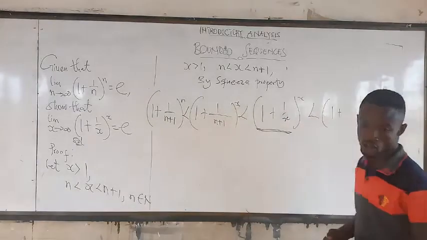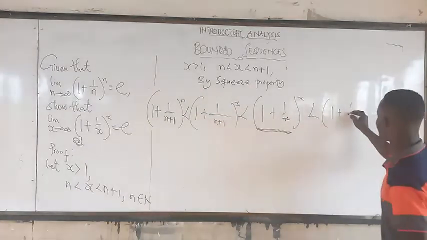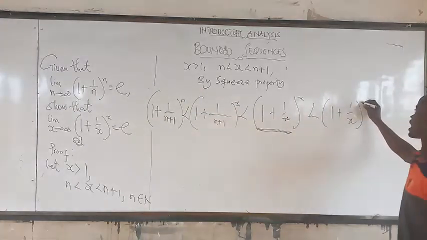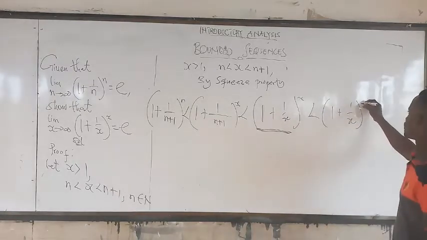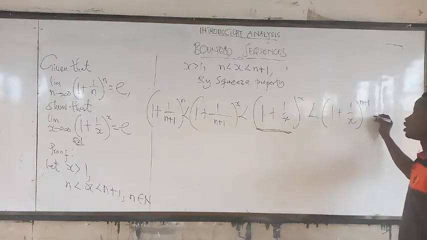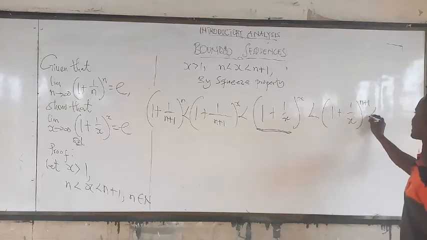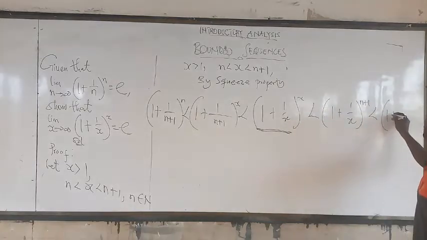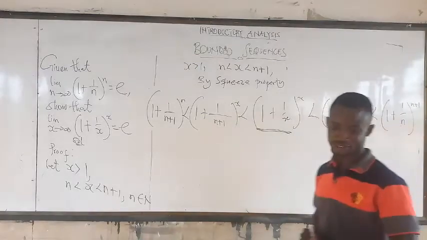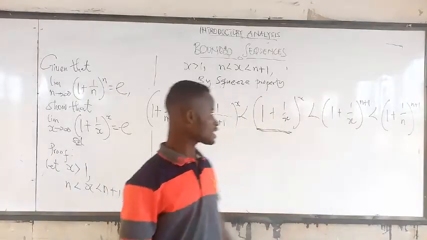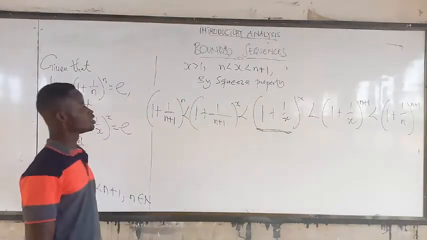So here we can write 1 over x, then to increase it, we write n plus 1, because it always increases by the power. And this one is going to be less than 1 plus 1 over n plus 1. Very good. So that is what we have for now.